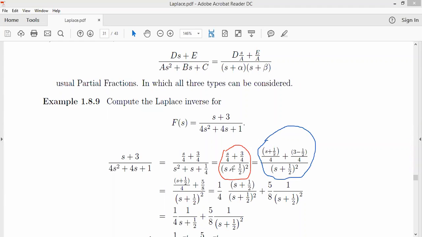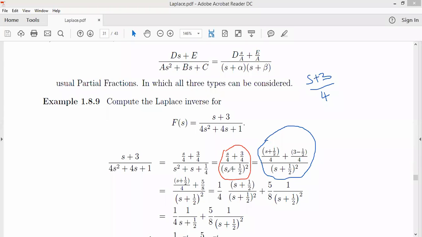Since we have s plus a half, it is necessary that we express the numerator in terms of this square here. So we must express the numerator in terms of these halves. But remember, you already have s plus 3 over 4. If you look at the numerator in red, you have s over 4 plus 3 over 4, which is the same as s plus 3 over 4.